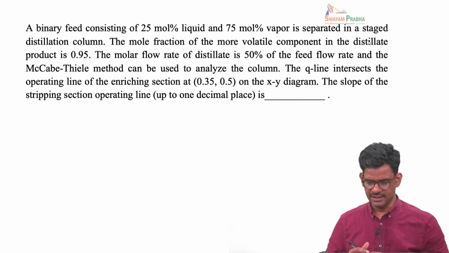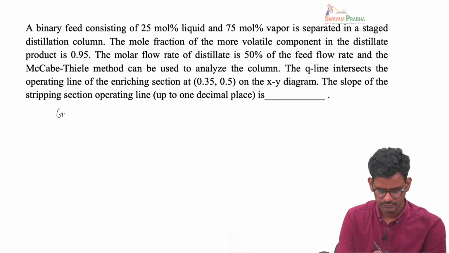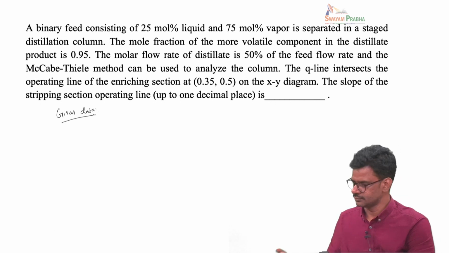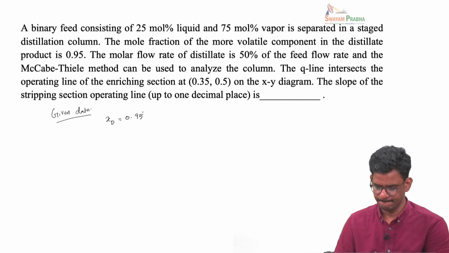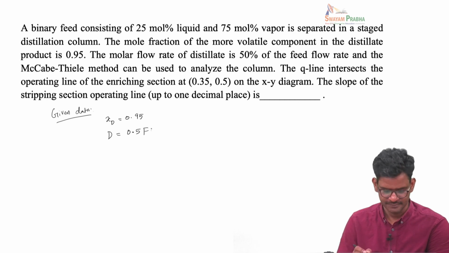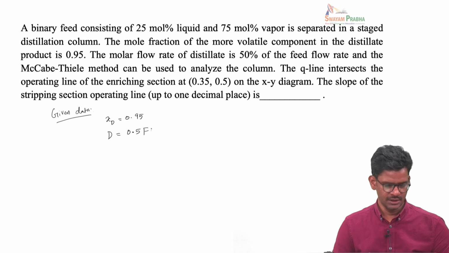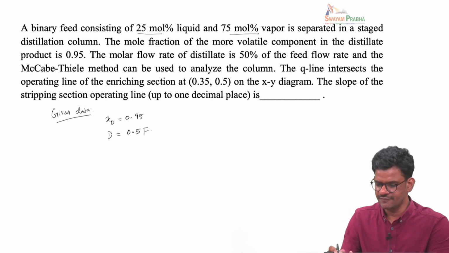So, first we will write down the known data. XD is 0.95 and the distillate D is 0.5 times F. The feed is said to have 25 mole% of liquid and 75 mole% of vapor.